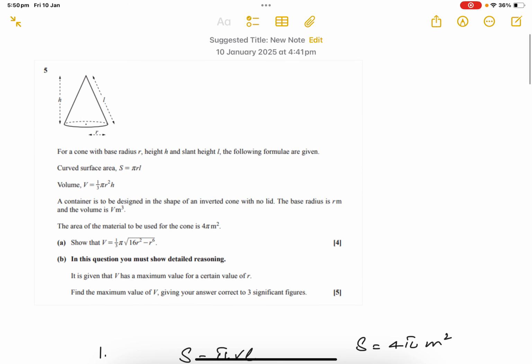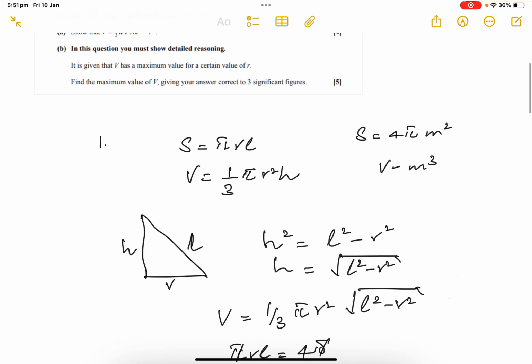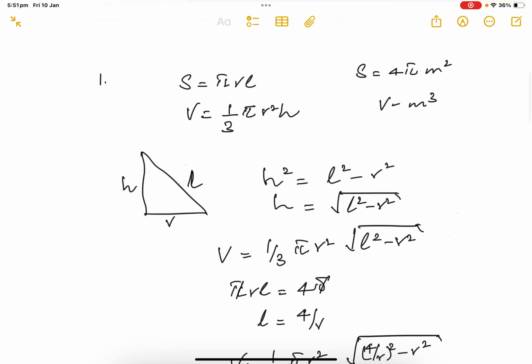To do that, if we look at the cone and think of it three-dimensionally, we can see a right angle triangle there, where h is the height, r is the radius, and l is the hypotenuse. So using the Pythagoras theorem, h squared equals l squared minus r squared. So h is the square root of l squared minus r squared.